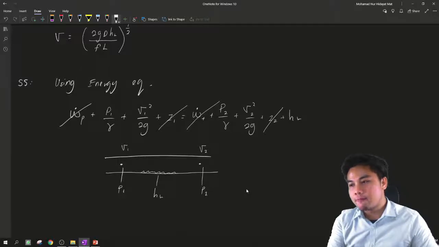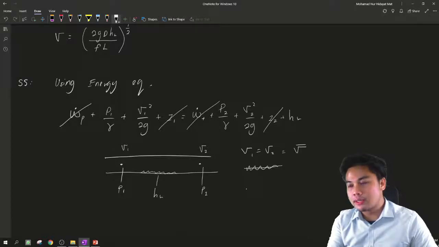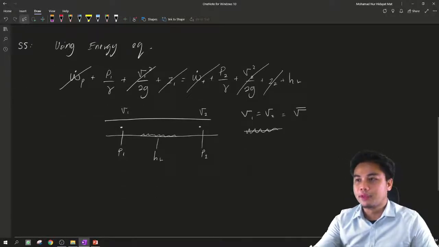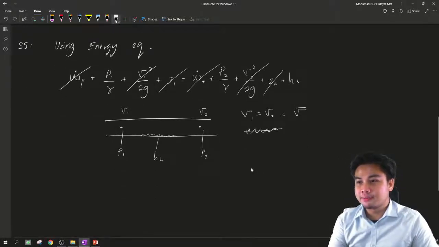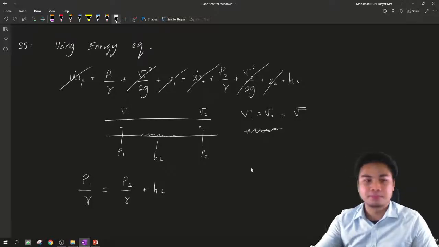So that's why we use the average velocity throughout the pipe. So V1 and V2 cancel out. What we are left with is P1 over gamma equal to P2 over gamma plus heat loss.